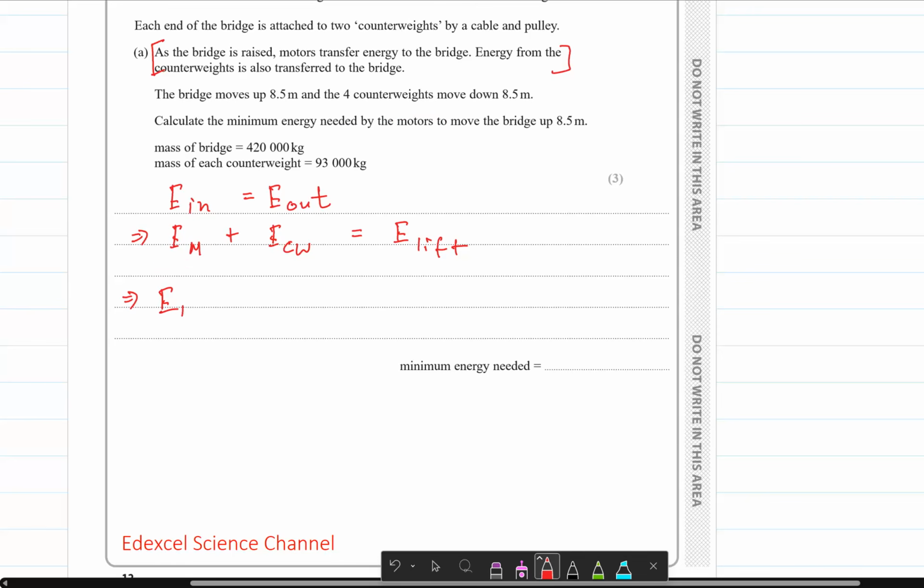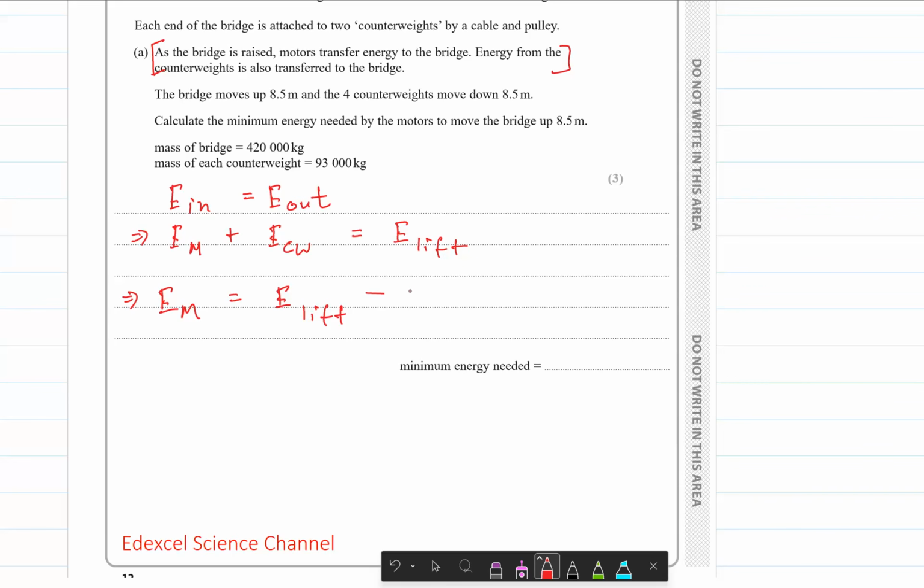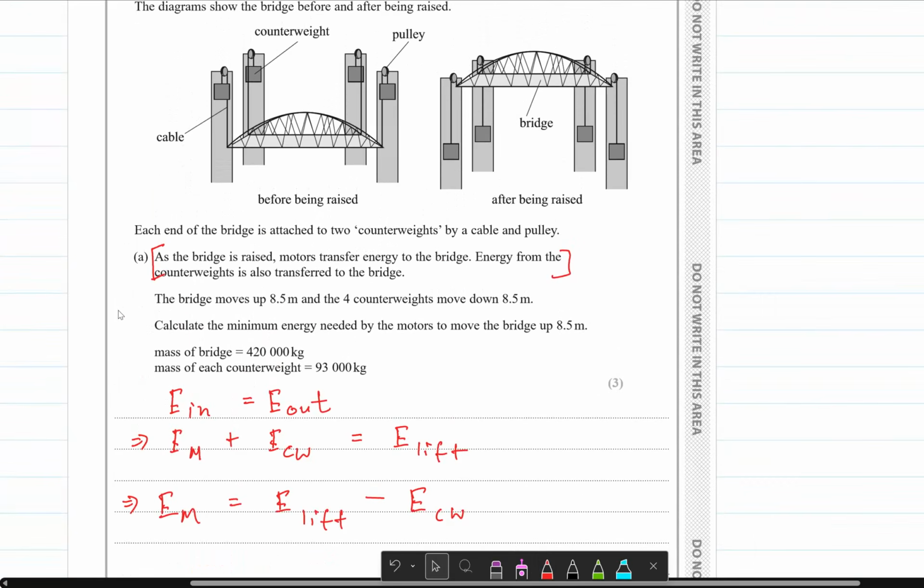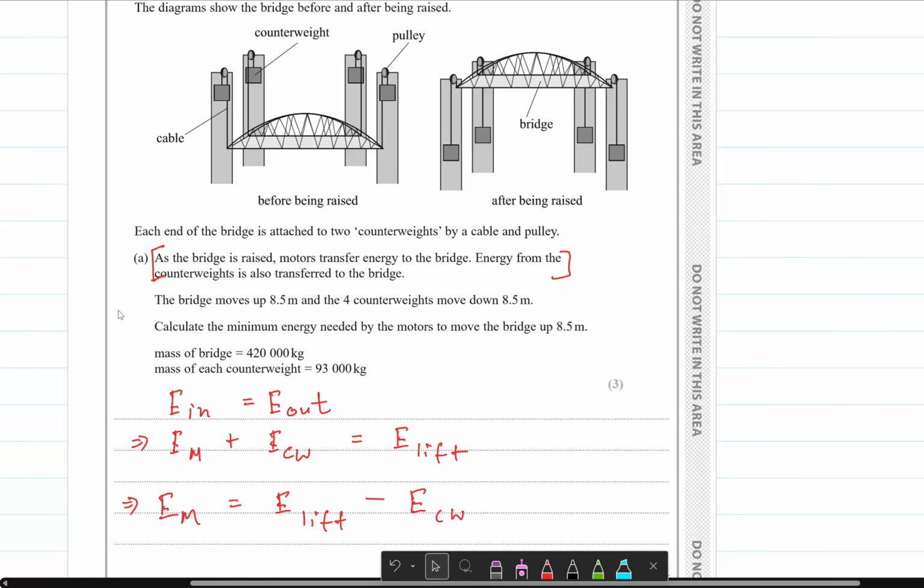So the energy used by the motors must be the energy used in the bridge, subtracting the energy of the counterweight. Actually, instead of calling it lift, let's call it bridge.